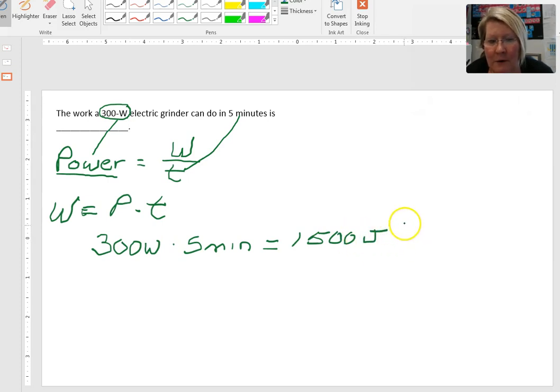And if we convert that into kilojoules, which is the answer in the back of the book, then there are 1,000 joules per kilojoule, and that converts into 1.5 kilojoules as your final answer.